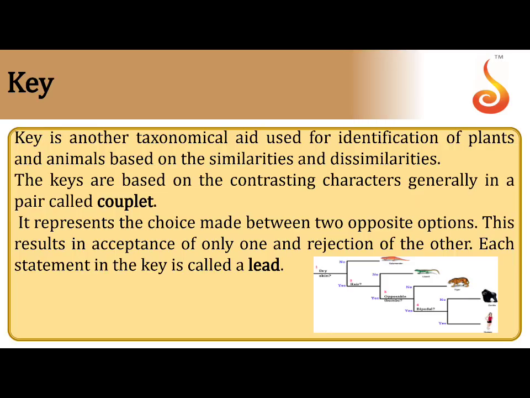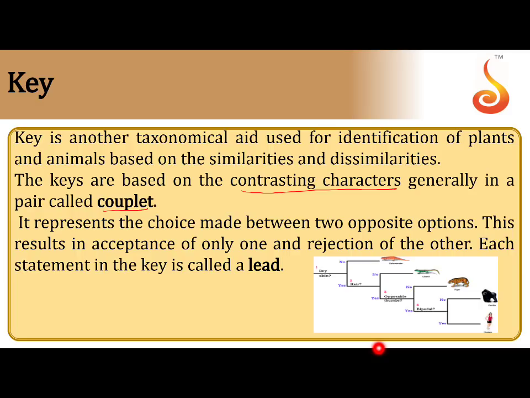In a zoological park, we can keep live animals, but in a key, we are not storing anything. It is a question and answer session where we try to identify an organism. A key is completely based on contrasting characters, generally what we call couplets.